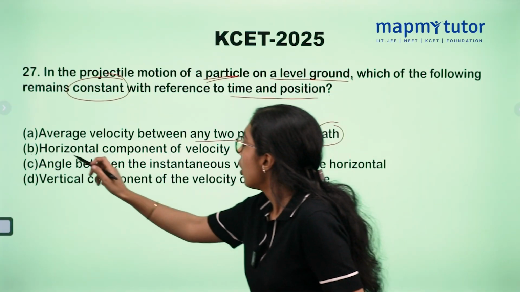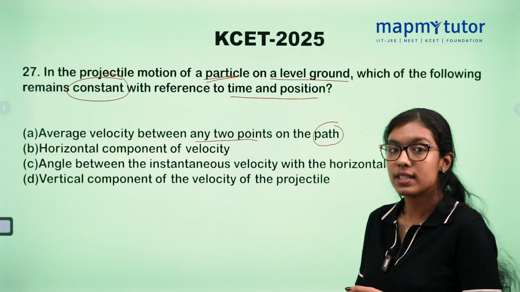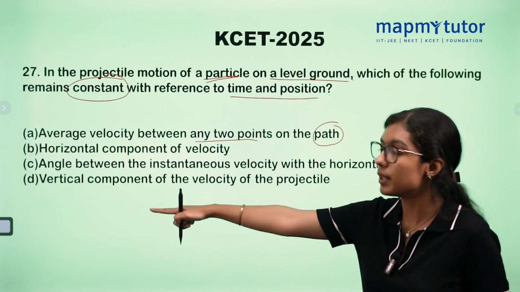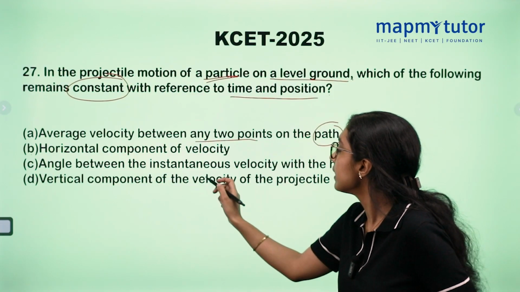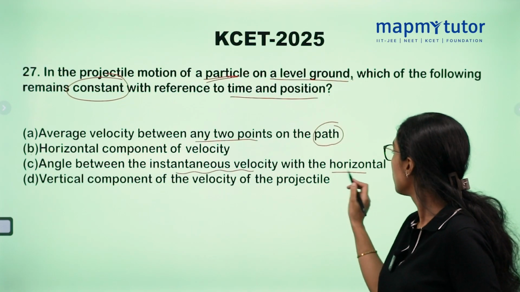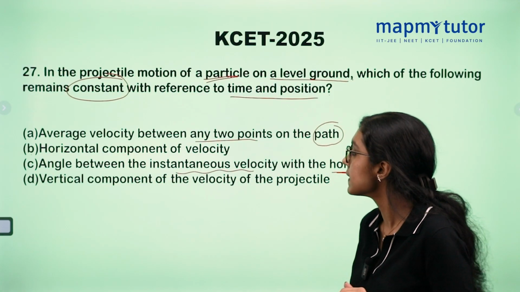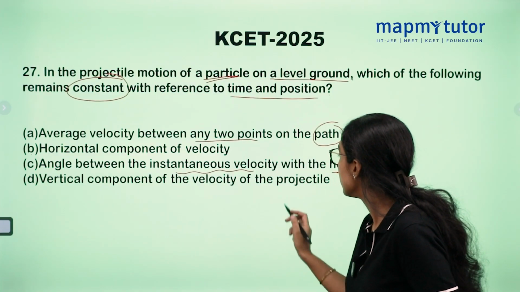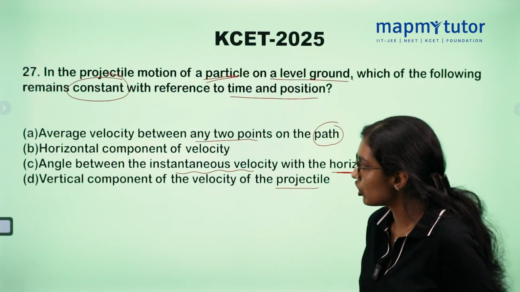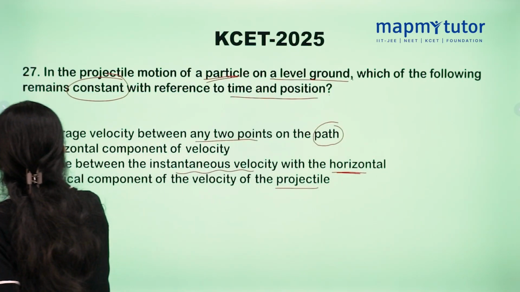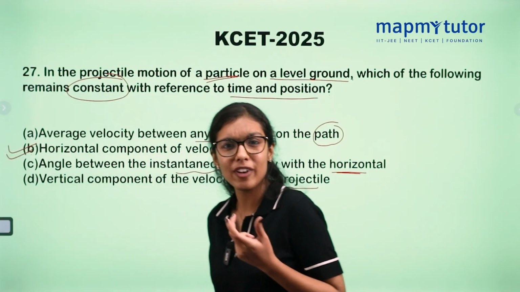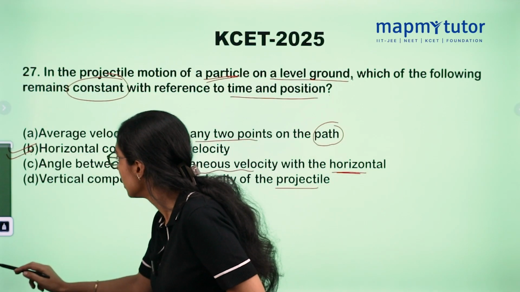No. Horizontal component of velocity remains constant. Yes. Let's see the other options as well. The angle between the instantaneous velocity and the horizontal is never constant. Whatever component of the velocity of the projectile, that also keeps changing. Hence, your correct option is B. Very simple, very short question.